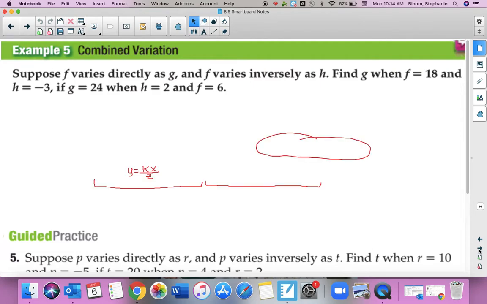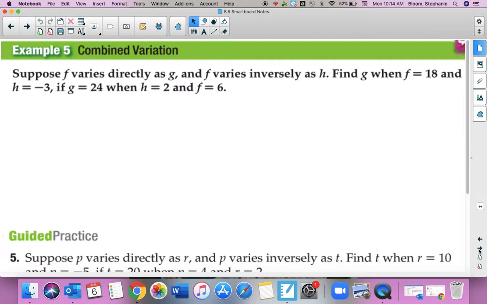Okay, so starting with this first one, it says, suppose f varies directly as g. So I'm going to write that like this. And f varies inversely as h. So I know that then my h will go on the bottom. And we want to find g.